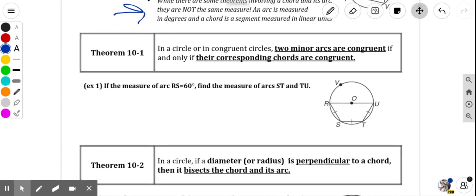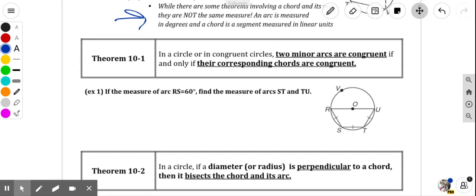First of all, if you have two minor arcs that are congruent, their corresponding chords are congruent. If we take a look at this picture here, notice how chord RS is congruent to chord ST is congruent to chord TU. Because those chords are congruent, all of their corresponding arcs are congruent.